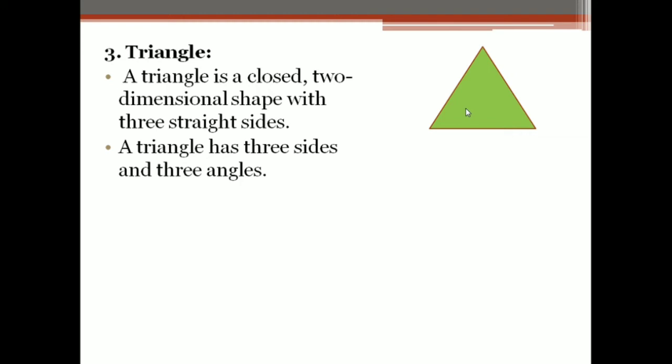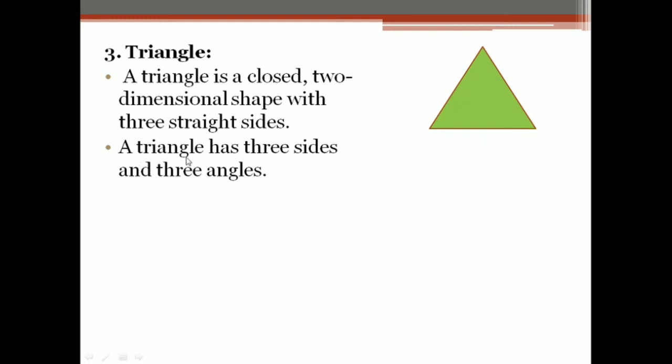How many sides are there? There are three sides, right? Let's count together. 1, 2, and 3. So you can see in the figure that there are three sides. And they are straight, right? So we can say a triangle is a closed shape with three straight sides.